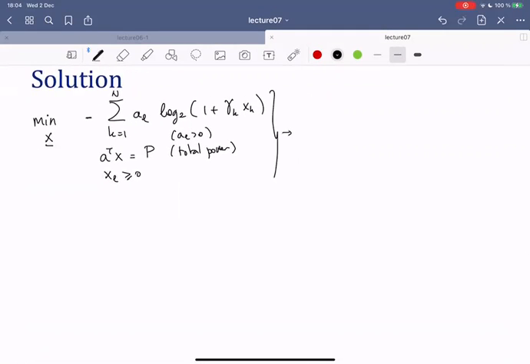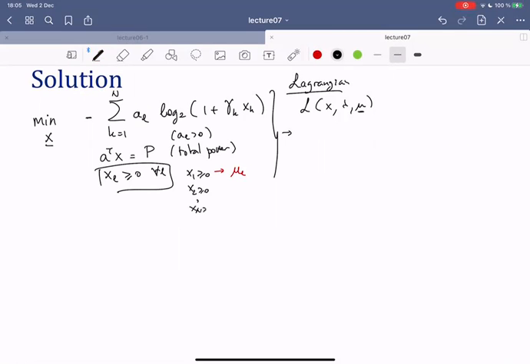From this, we can compute the Lagrangian of x, lambda, and mu. And I changed a little bit the notation. So with mu, I will associate the Lagrange multipliers for each of the inequality constraints. So for all l, this means that x1 is greater or equal than 0, and with this, we associate mu_l; x2 greater or equal than 0, and so forth.